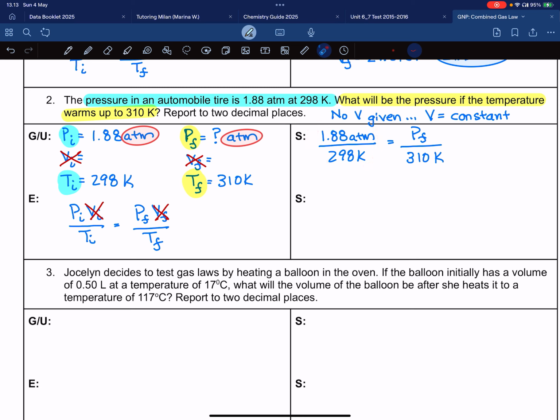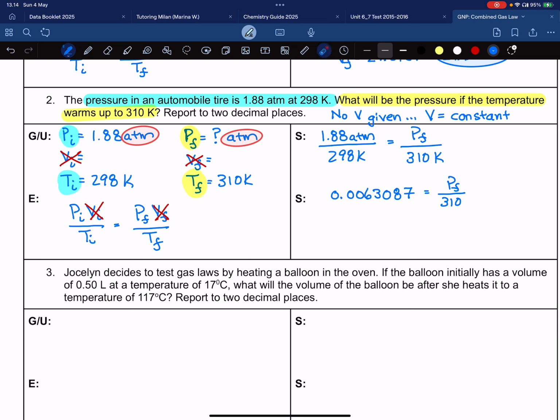So, 1.88 divided by 298 is equal to 0.0063087. Doesn't really matter. I'm going to keep several decimal places so I don't get rounding error. Is equal to PF divided by 310.